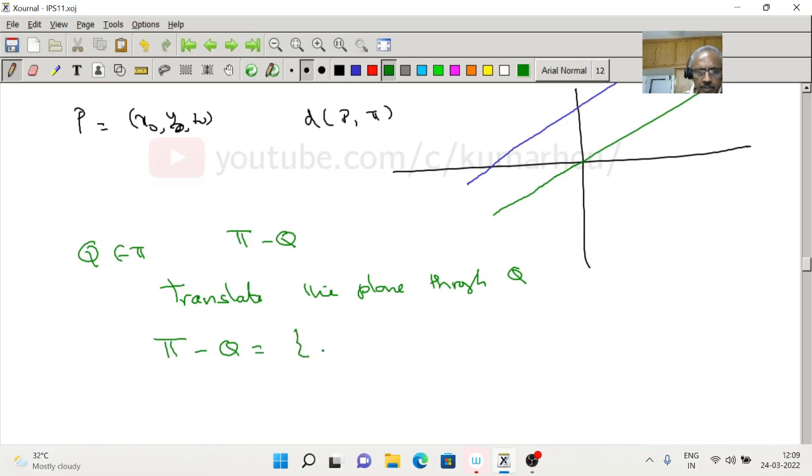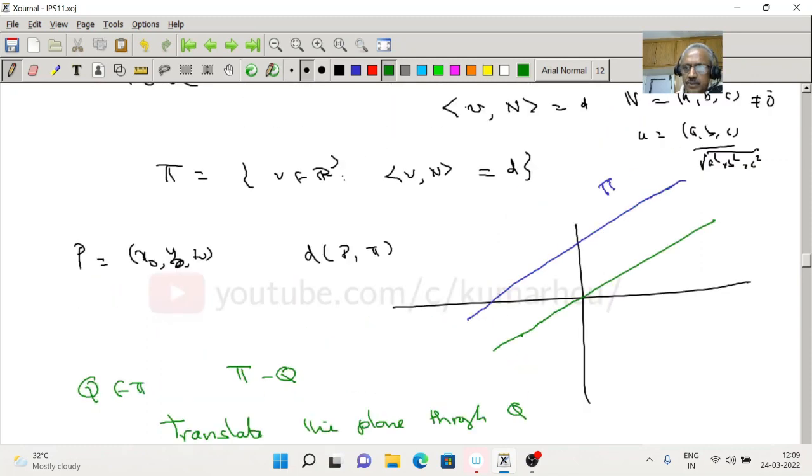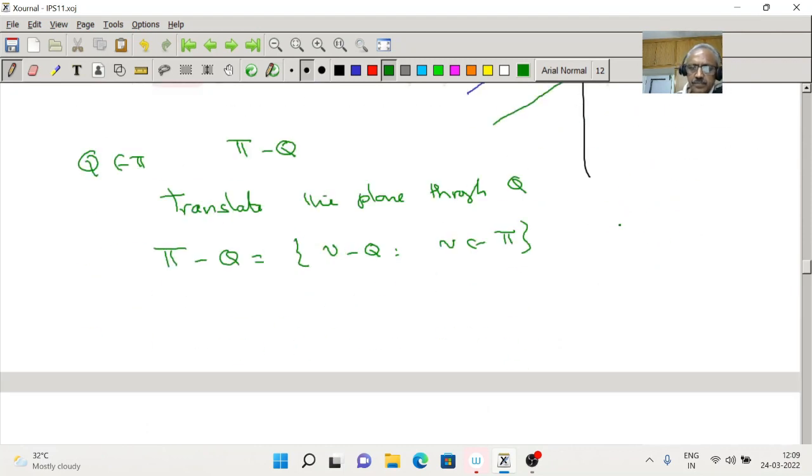Pi minus q will be the set of all points v minus q, where v is in pi, the plane. Okay, this is your pi. I claim, call this as w, I claim w is a vector subspace, of course, two-dimensional.